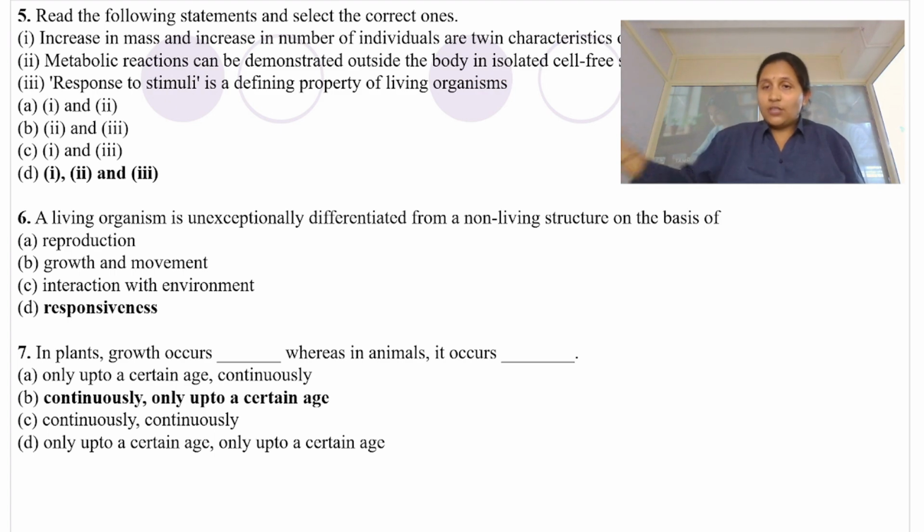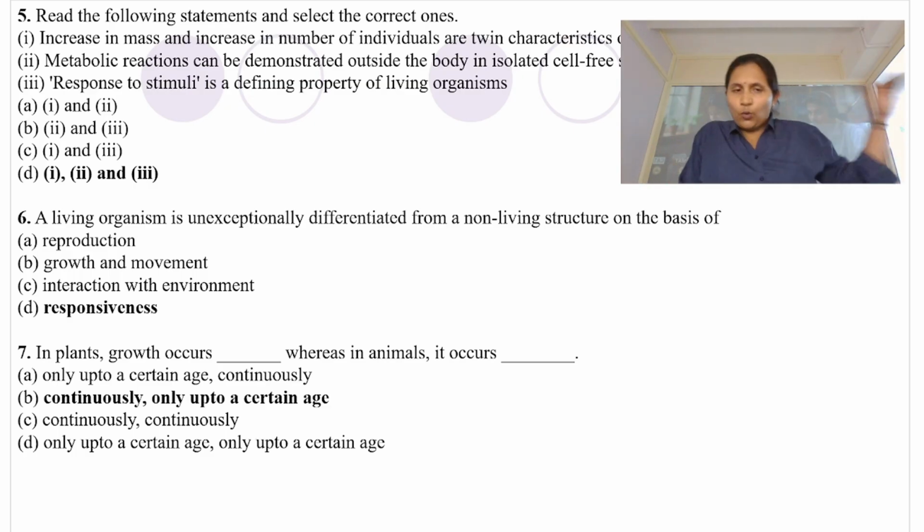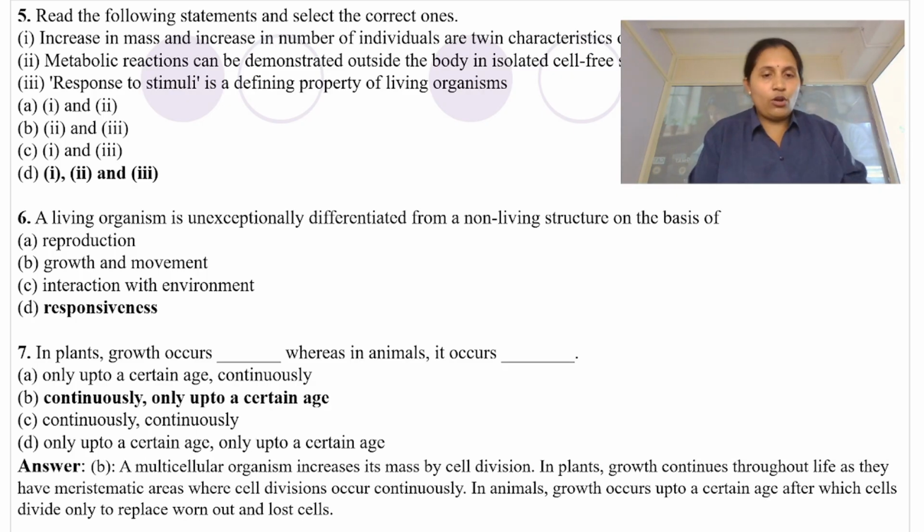That is only up to a certain age. Whatever I have grown, my height or whatever structure is there, is only up to a certain age. After that, I will not grow anything else. That is why growth occurs continuously in plants, and in animals up to a certain age only. The rest of the options are wrong, of course. Multicellular organisms increase mass by cell division.